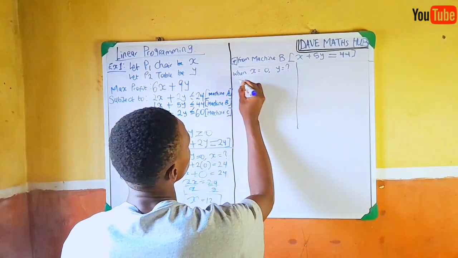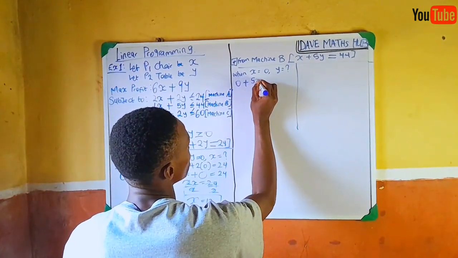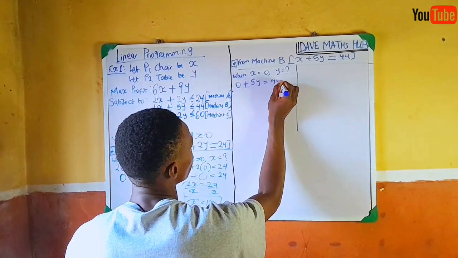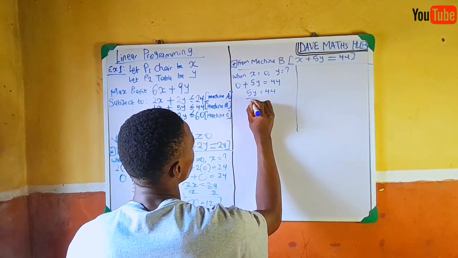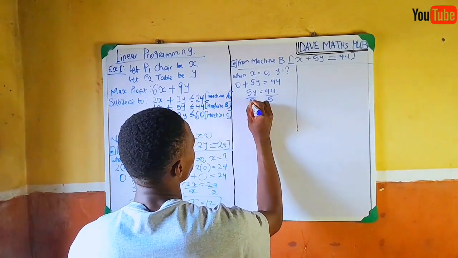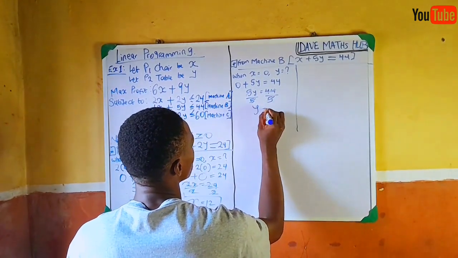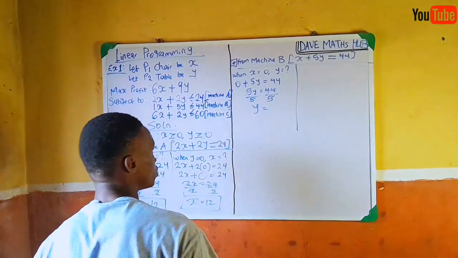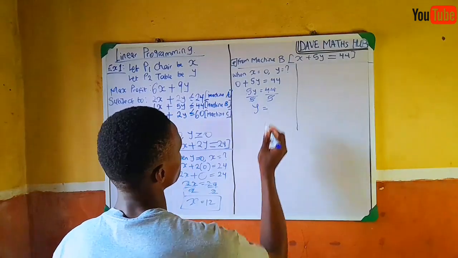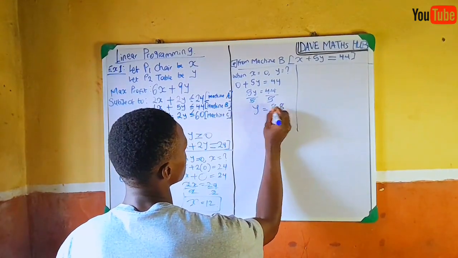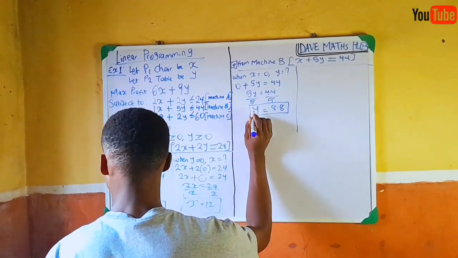Unknown. So 0 plus 5y equals 44. 5y equals 44, divided by 5. Y is equal to 44 divided by 5, which gives us 8.8.